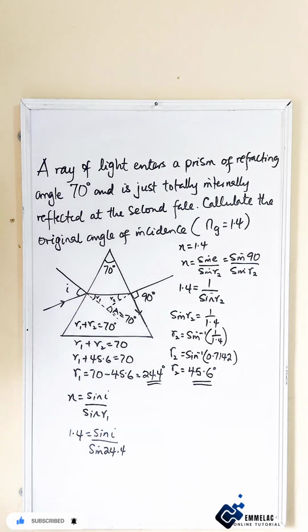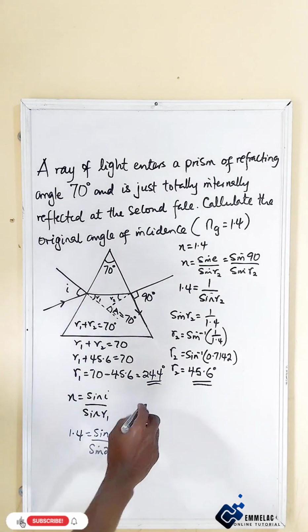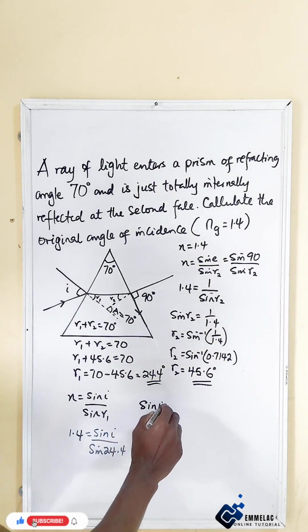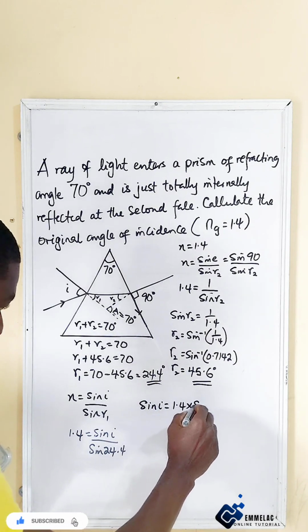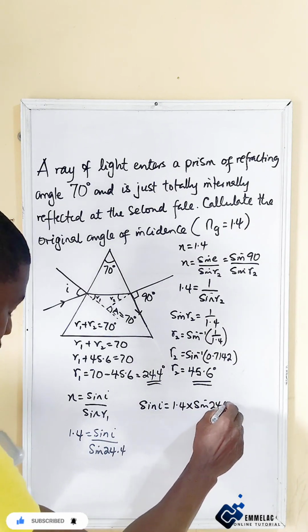This gives sine I equals 1.4 times sine 24.4.